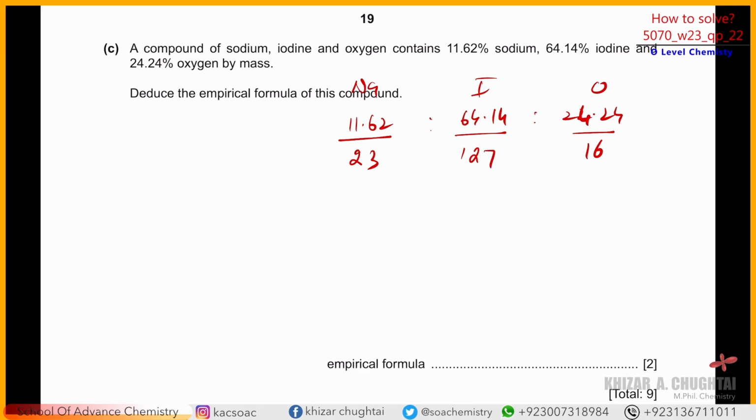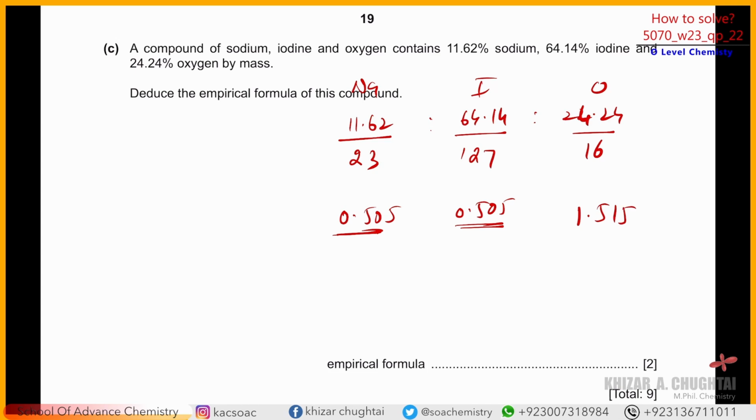The answer for sodium is 0.505, and the answer for iodine is the same, 0.505, and the answer for oxygen is equal to 1.515.